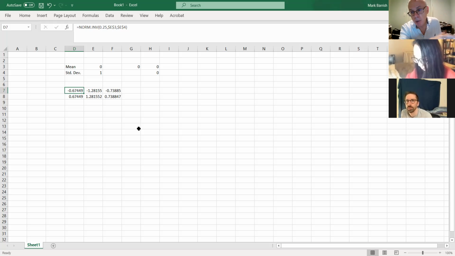Just like in algebra, we have an exponential and a logarithm, they're inverses of each other. And these are also considered inverses, in the way we're operating. One, we have a value and we find the cumulative probability. The other one, given the cumulative probability, we find a value. That's what the inverse normal is.